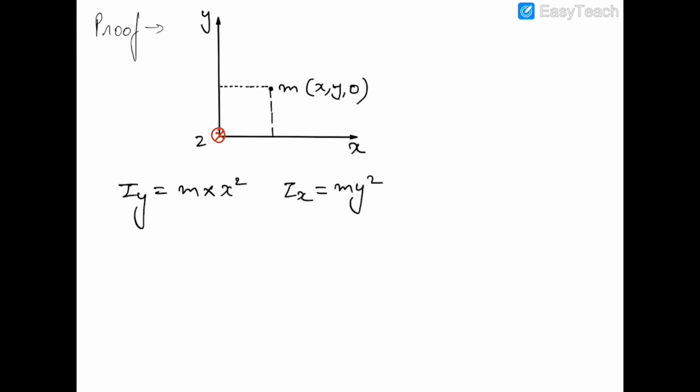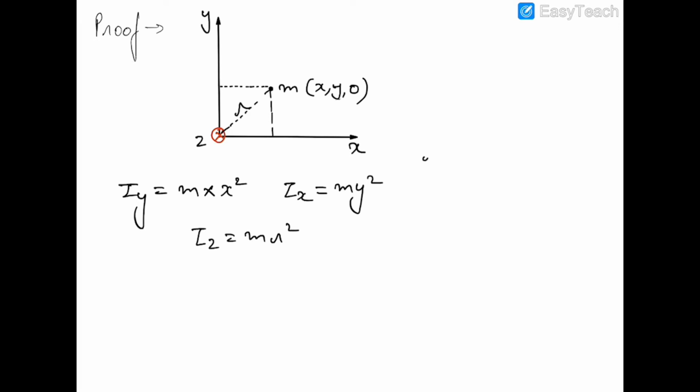And the moment of inertia of this mass along the z-axis. Now the z-axis is passing through this intersection point, and this axis is also perpendicular to the plane which is containing this mass. The plane containing this mass is the xy plane, and obviously the z-axis is perpendicular to the xy plane. Now let us suppose that this distance is r, so Iz is equal to mr squared.